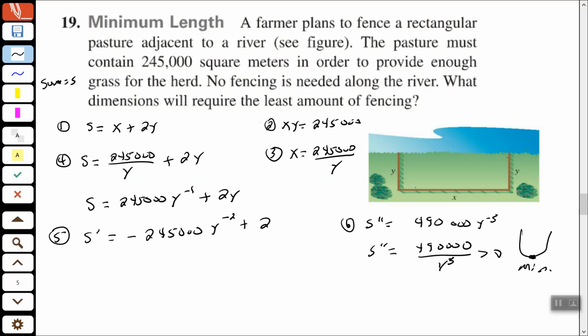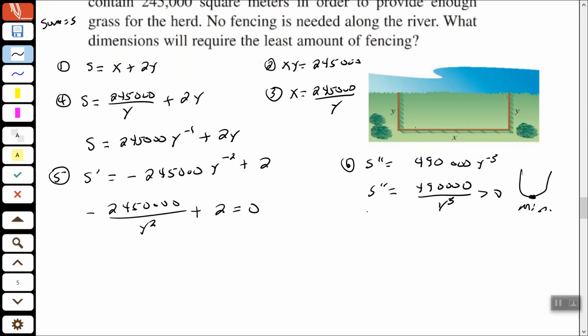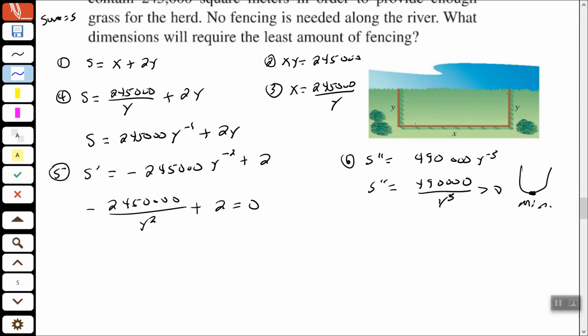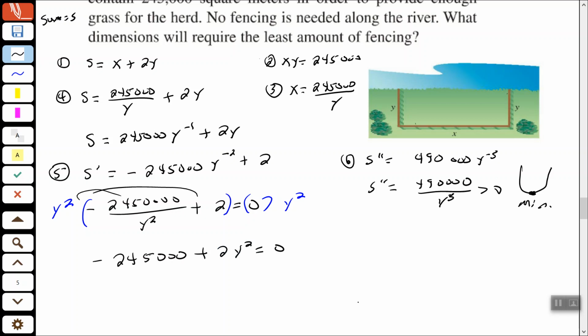All right, so let's set our first derivative equal to 0. I'll move this y back down to the denominator. So negative 245,000 divided by y squared plus 2 equals 0. Then we want to clear the denominator, so let's multiply both sides of the equation by y squared. With the distributive property, it gives us negative 245,000 plus 2y squared equals 0.